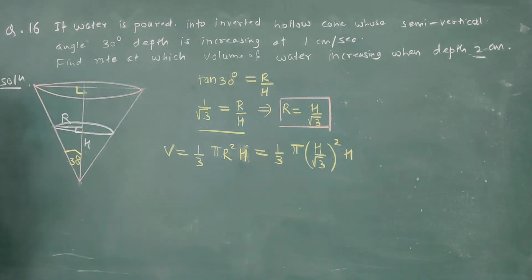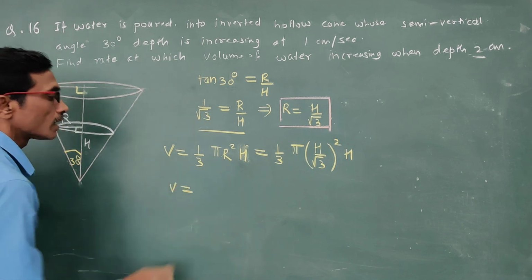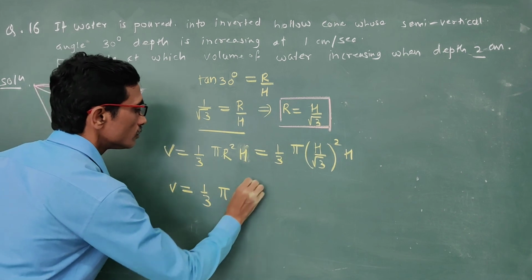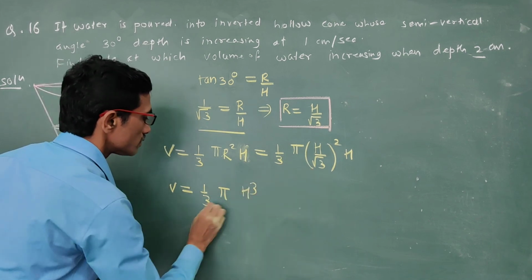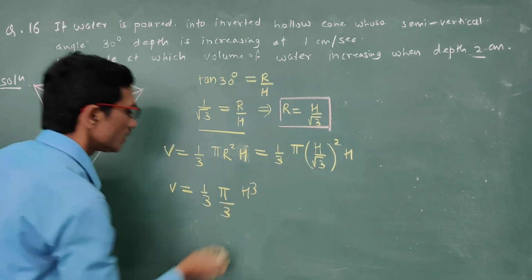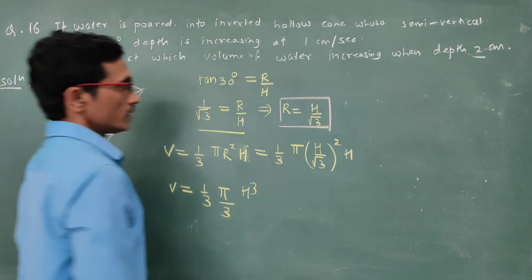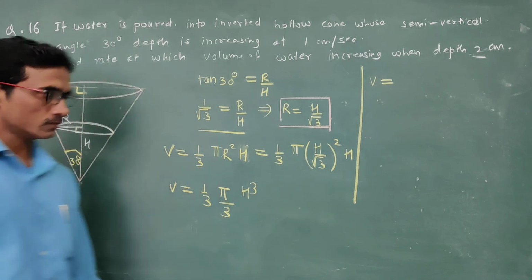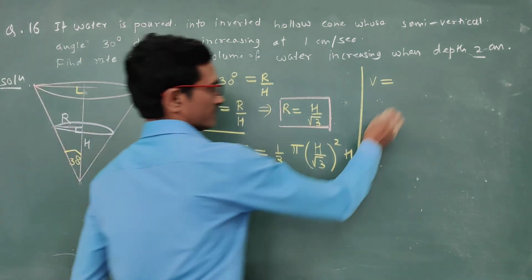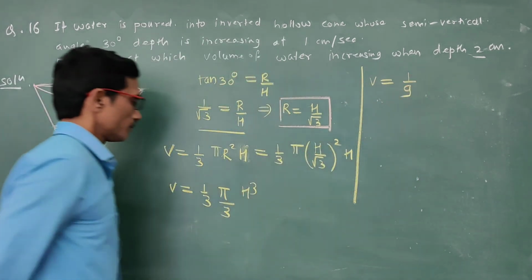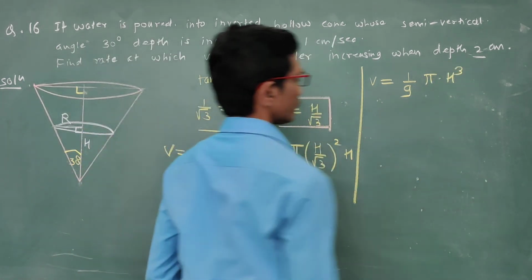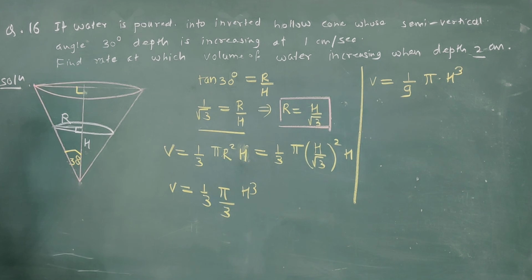This will be volume V is equal to 1 upon 3 pi h cube upon 3. So V is equal to 1 upon 9 pi into h cube. Differentiating it with respect to t.